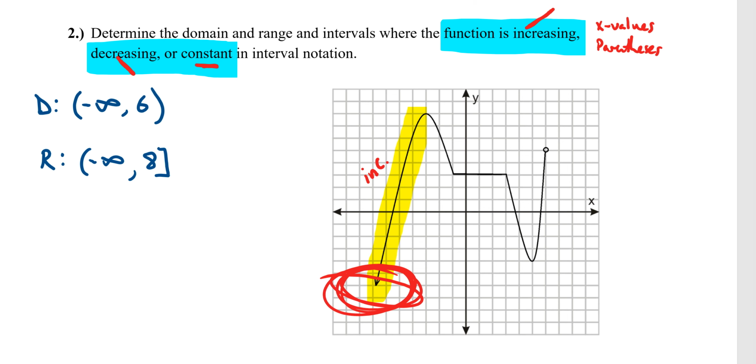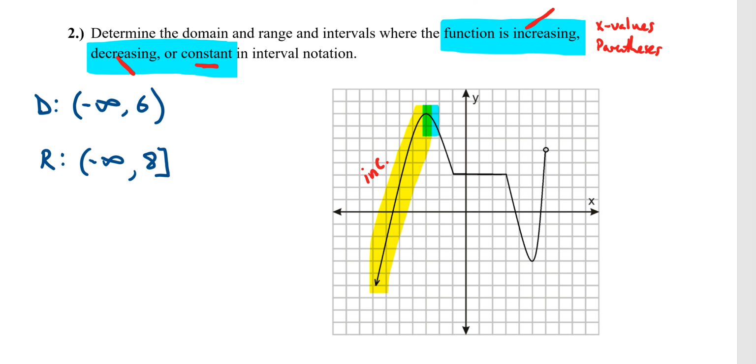The function is not decreasing. You need to always skim it left to right. Since we are going up left to right here, this is increasing over the interval. Because increasing, decreasing, constant is literally saying what the y values are doing as x gets larger. So that first interval is actually increasing.